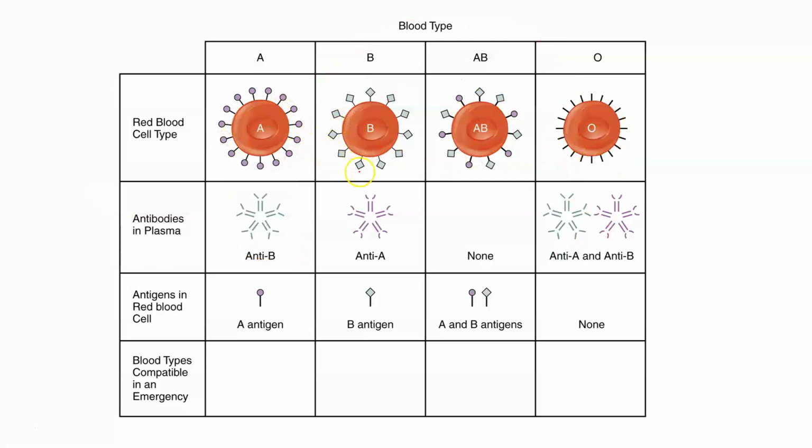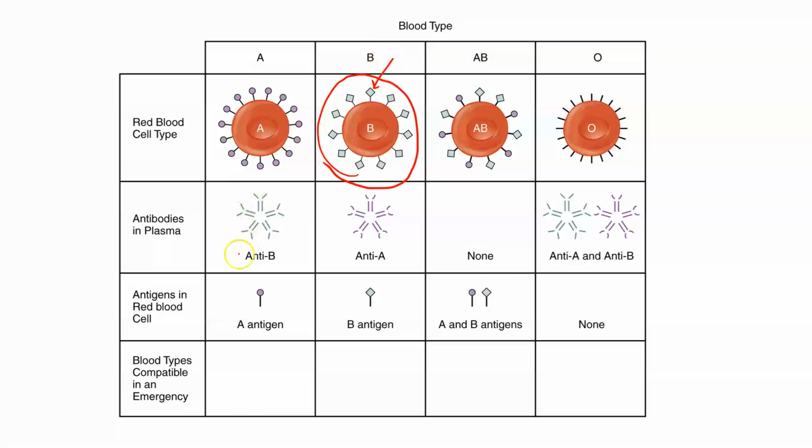Let's say we're wondering to whom we could give blood. Let's say I have type B blood and I want to give my blood to somebody else, and I'm wondering what types of blood I could give my blood to. The answer would be I have to consider, again, the antibodies in the plasma. So if I have a B antigen on my red blood cell, I cannot give my blood to anybody that has anti-B antibodies.